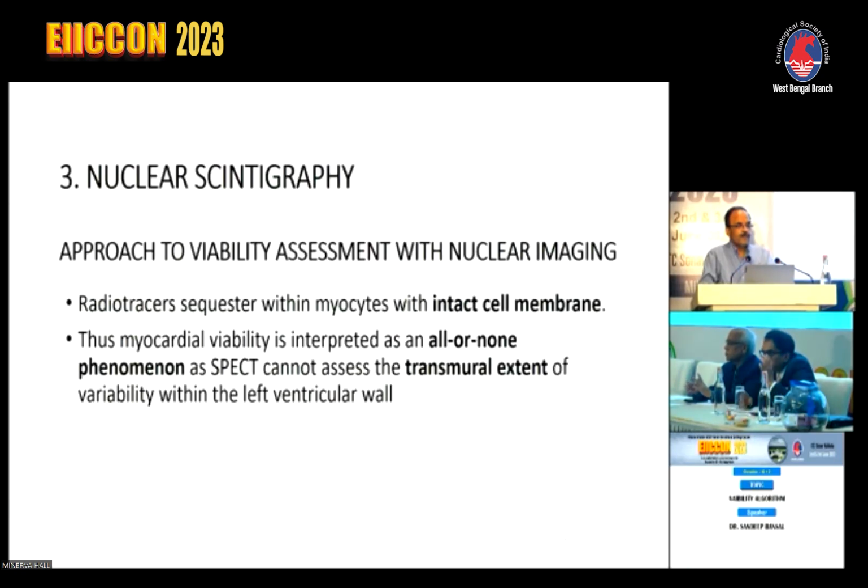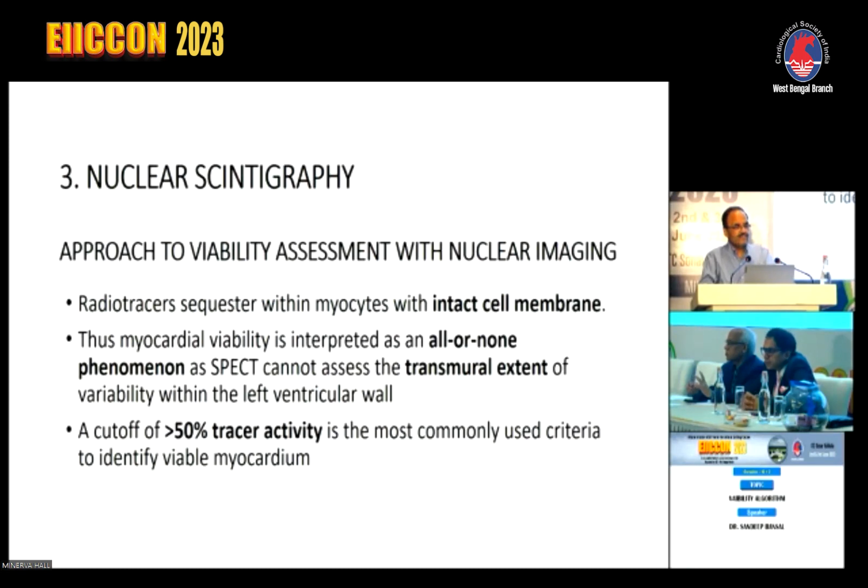Now, as far as nuclear scintigraphy is concerned, the radionuclides need to get into the cell, and for that, you need the integrity of the cell wall. As far as nuclear scans are concerned, most people do not use thallium scan any longer.